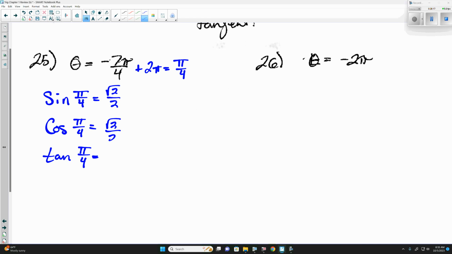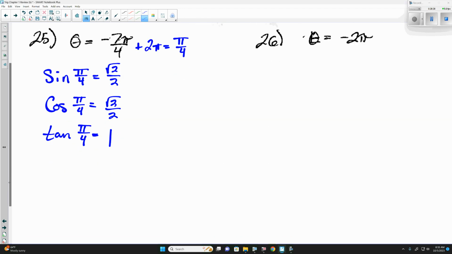And see that sine and cosine are both square root 2 over 2 in the first quadrant, because that's where pi over 4 is. All 3 of these are positive. So tangent, and that's a good point to point out, is the same as sine over cosine. And if sine and cosine's values are the exact same, they're dividing by itself, so it's 1.